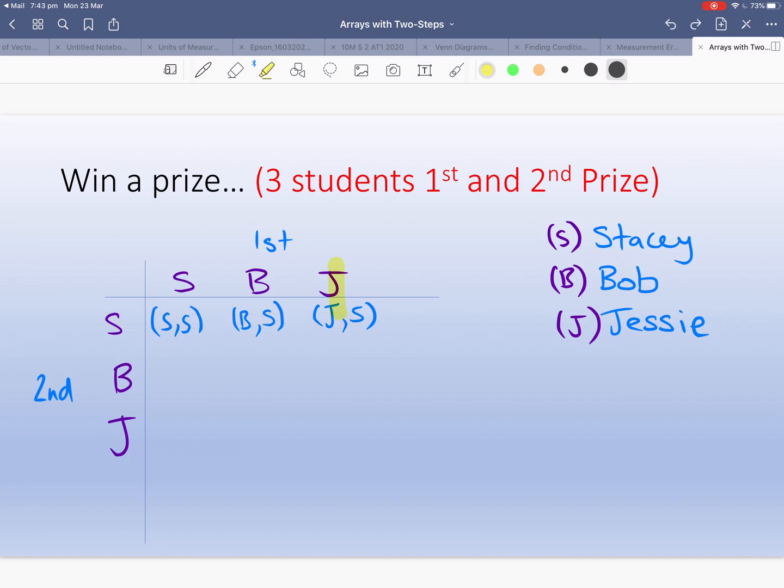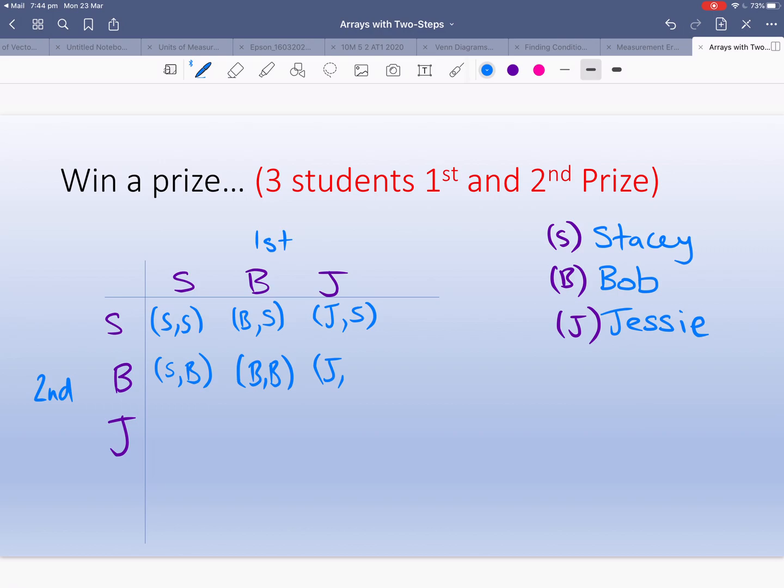Then I'm going to do this all the way down. I'm going to go S, B, because I'm going S, B. Or I can go B, B, which means Bob wins first and second prize.